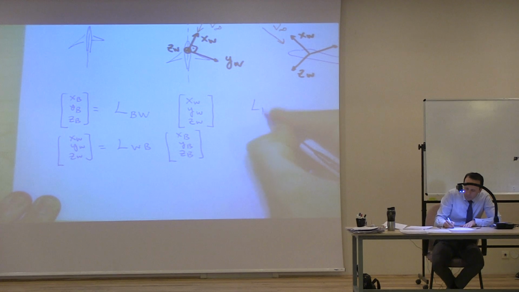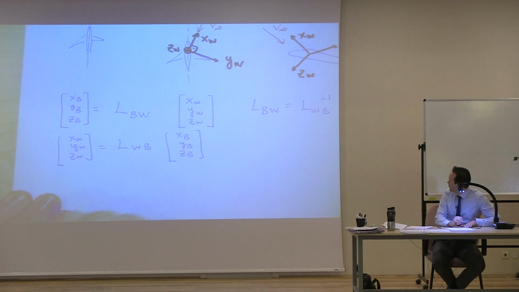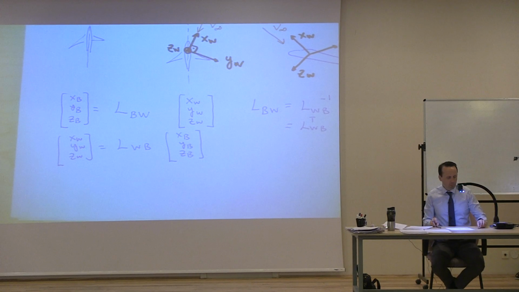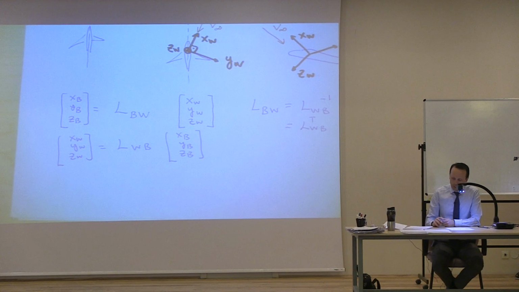And we know LBW is equal to LWB to the power of -1, which is also equal to LWB transpose. We have shown that the inversions of transformation matrices are equivalent to the transpose of the same thing. Okay? Good.